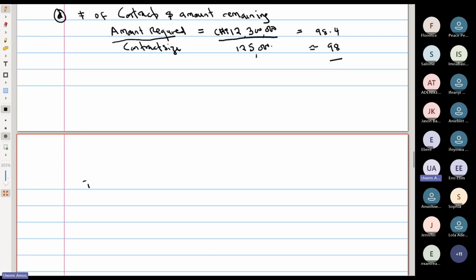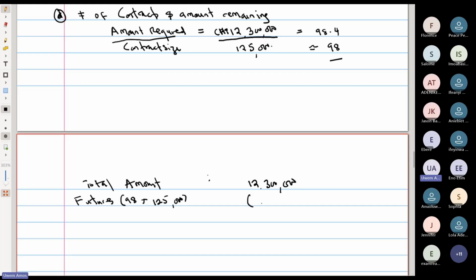So the total amount we're looking at is 12,300,000. The futures that we can protect ourselves against is 98 blocks, and each block is 125,000.